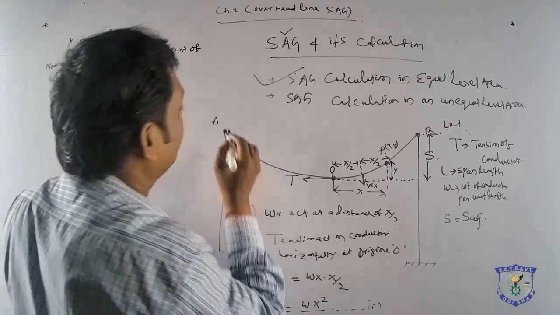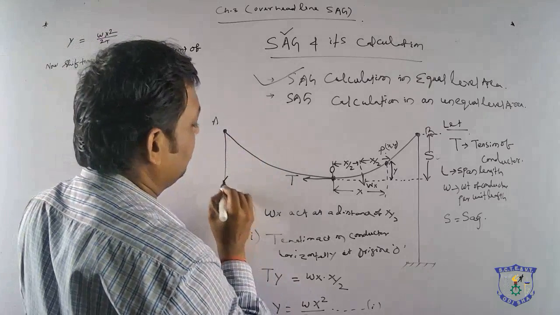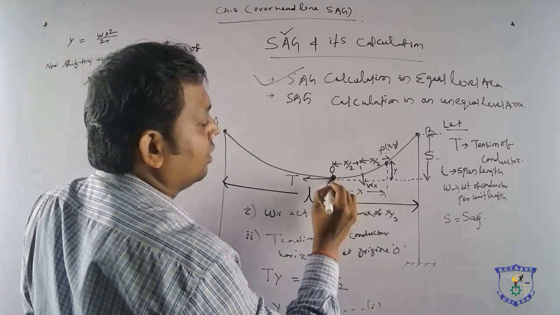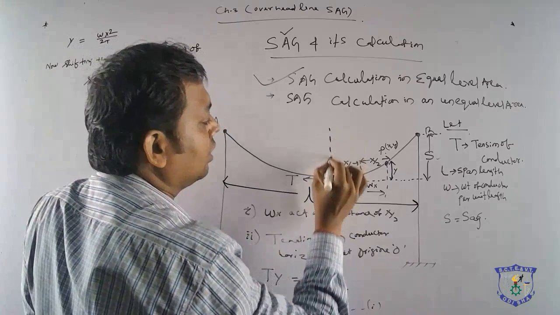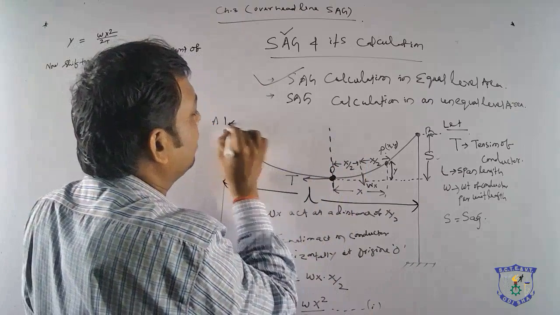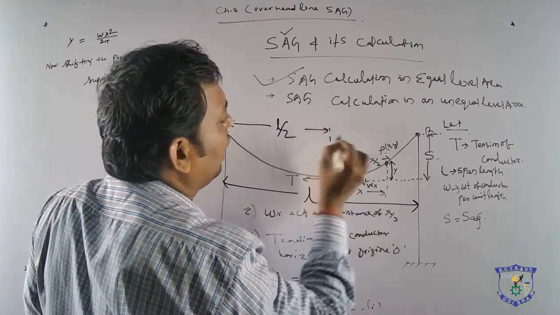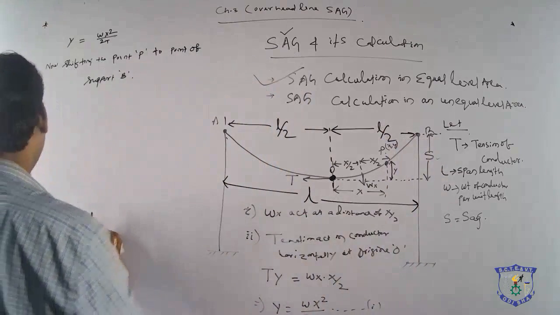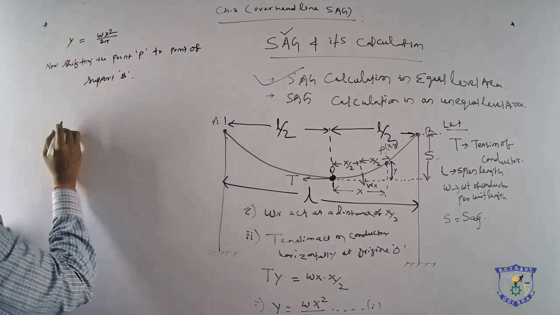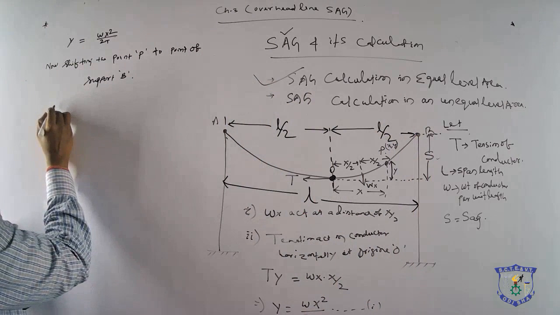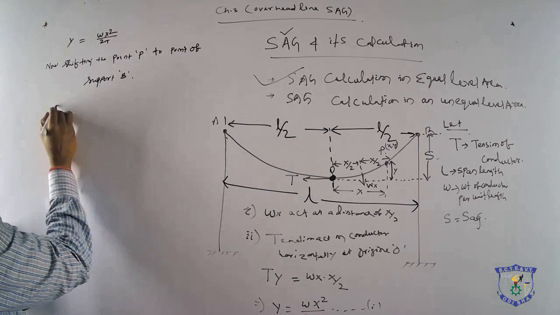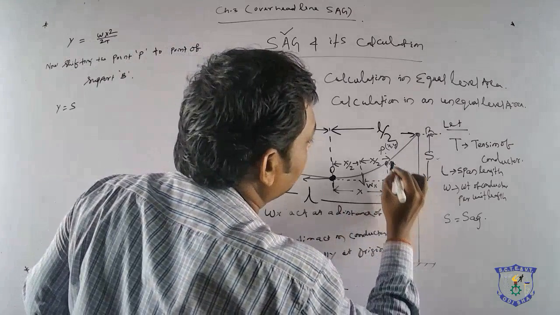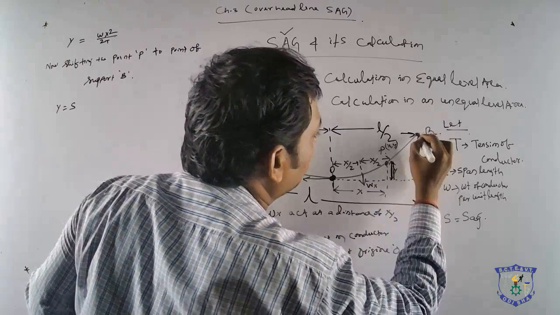So if the total length is L, and point O is the middle of the span, then this length is L by 2, and this length is L by 2. So when we consider support B, we can put the value of y equals S, because the distance y in between OP is shifted to OB.